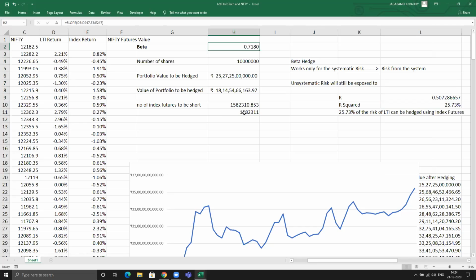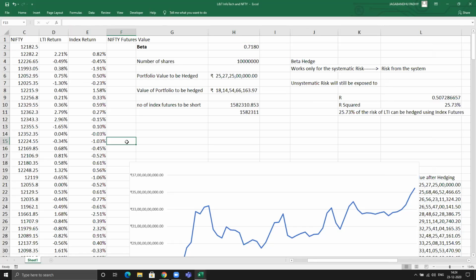Probably. It might be. It will, because of a simple reason. If I had L&T Infotech futures instead of Nifty futures, we know L&T Infotech futures will be a function of L&T's prices, right?